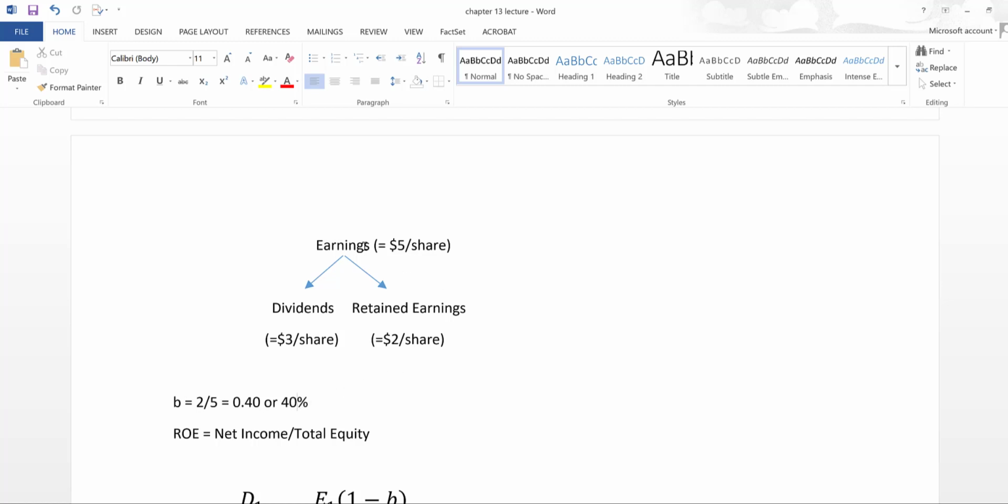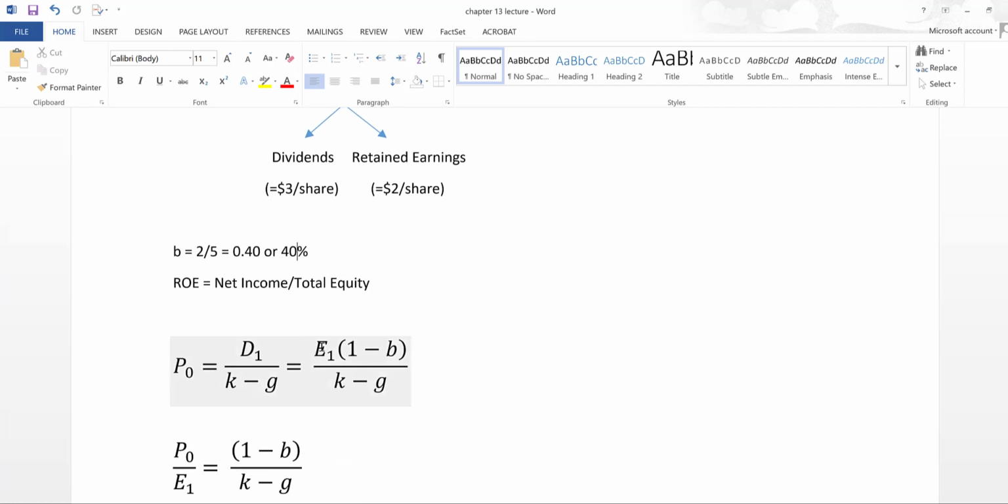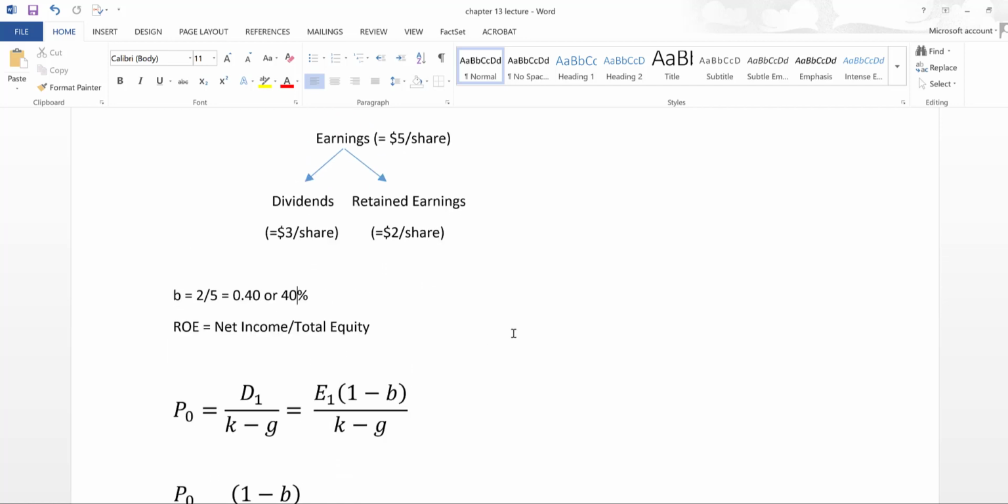So I can write my retained earnings as earnings times B. I take this $5 and multiply it by 40%, and that would give me retained earnings. How can I write my dividends? Dividend I can write as earnings times 1 minus B.